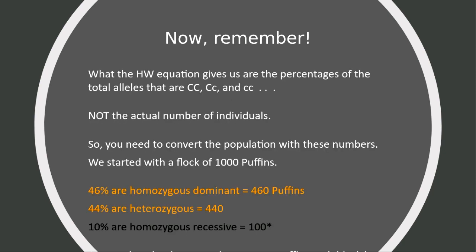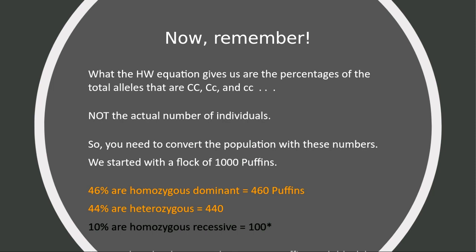So that helps us with getting through Hardy-Weinberg. But what do we do with this? Remember, what the Hardy-Weinberg equation gives us are the proportions of the population that are homozygous dominant, heterozygous, and homozygous recessive, not the actual numbers of individuals. So now we're going to have to convert these numbers to the population. We started with a flock of 1,000 puffins.